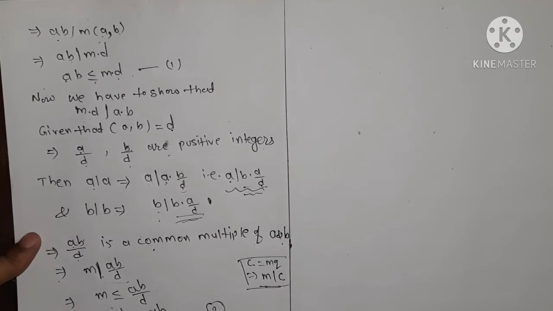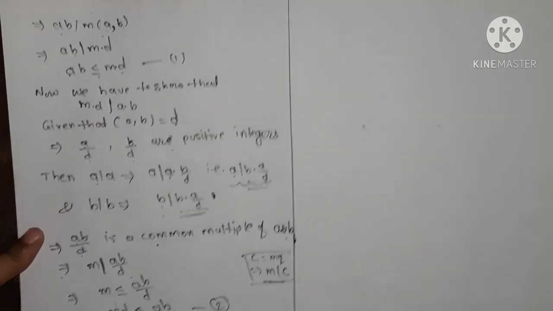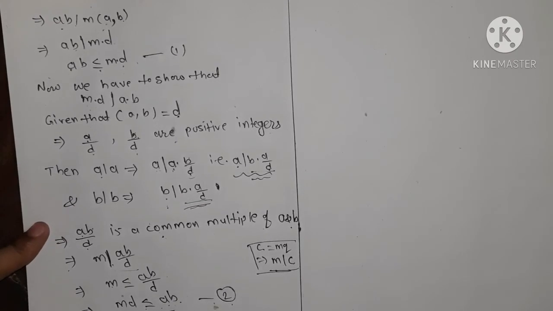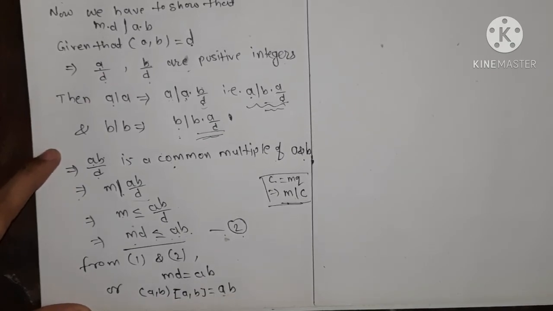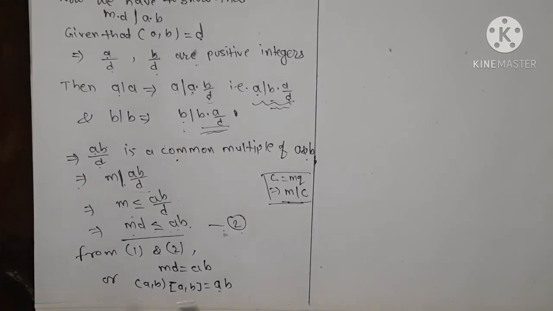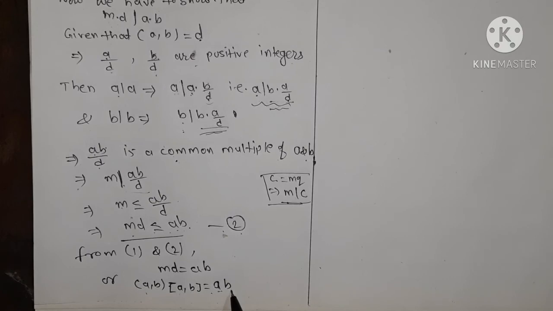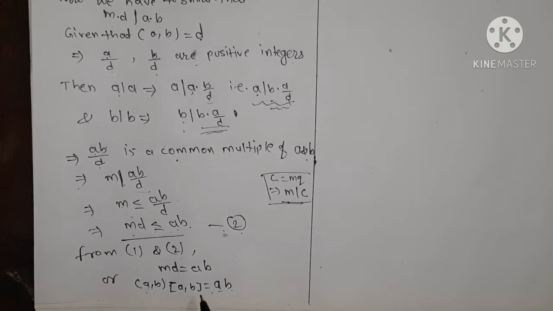So from 1 and 2, we have M into D is equal to A into B, or GCD of A comma B into LCM of A comma B is equal to the product of the numbers A into B. So what we have seen here is that the GCD into LCM is equal to the product of the two integers. We proved this theorem by taking the GCD as D, LCM as M, and showing that AB divides MD and MD divides AB, so from both equations we get they are equal. Okay.